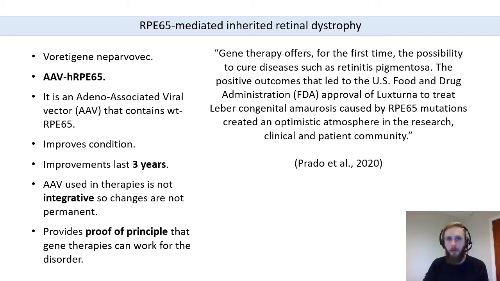This Luxturna, CAR T cell therapy, and we're going to talk about another one in a second. Not to say these are the only gene therapies that have been approved, but these are the only ones using these viral vectors that we're talking about here. So it's very interesting, it's a very new, developing area. So yeah, it's really worthy of our attention.